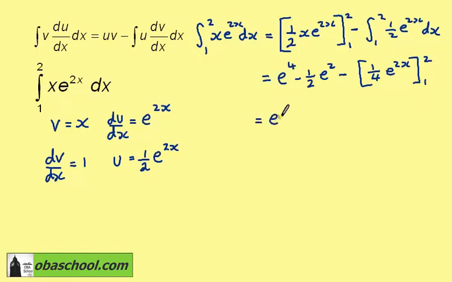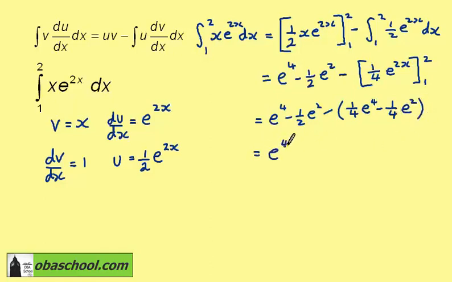So we have e to the 4, take away a half e squared, take away a quarter e to the 4, take away a quarter e squared.